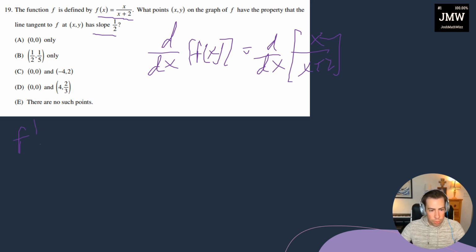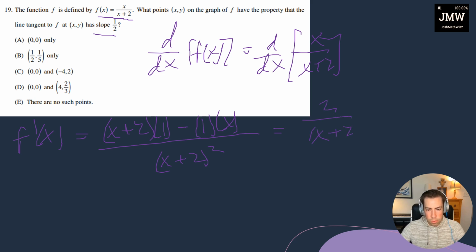So I'll have f prime of x equals (x plus 2) times 1 minus 1 times x, and then of course divided by (x plus 2) squared. Now, if I simplify this down, I am going to get 2 over (x plus 2) squared.